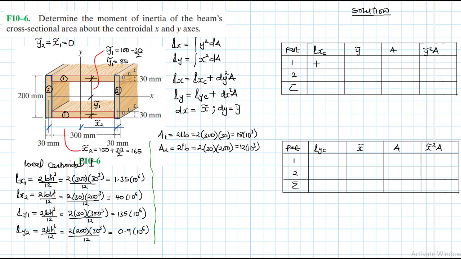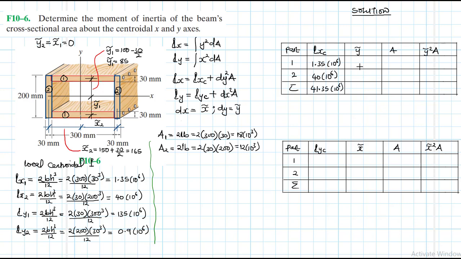So let's fill in the table. We have moment of inertia for part 1 about the x-axis centroidal is 1.35 times 10 to the power 6. The second one, of course, we had to multiply by 2, it's 40 times 10 to the power 6. Then the total, if we sum this up, gives us 41.35 times 10 to the power 6.